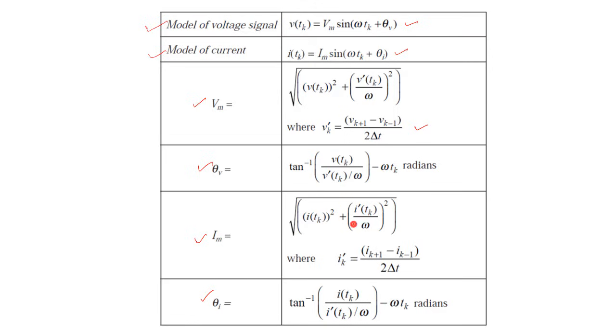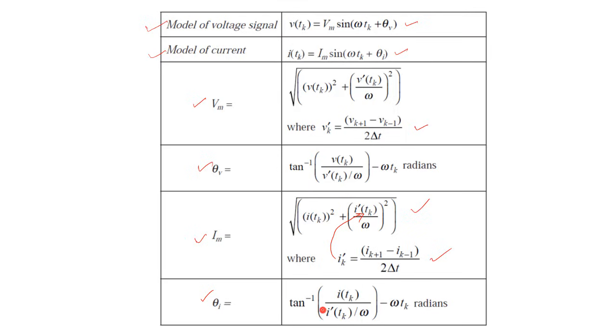Similarly, Im is defined as the square root of Itk squared plus (I dash tk by omega) squared, and Ik dash is equal to I dash tk, the derivative at the kth instant, that is Ik plus 1 minus Ik minus 1 by twice delta t.